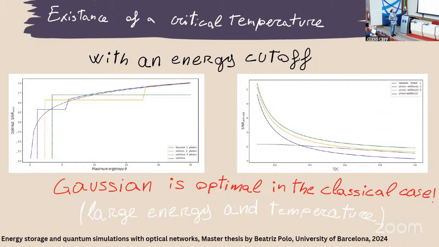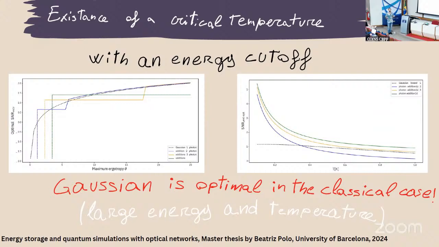And what we see is that at very large energy and very large temperature, Gaussian states are optimal. But if we go to very small temperature and small energy, which is the regime where we are interested, we require non-Gaussian operations. If you want some intuition, the Fock state has infinite signal-to-noise ratio at zero temperature.